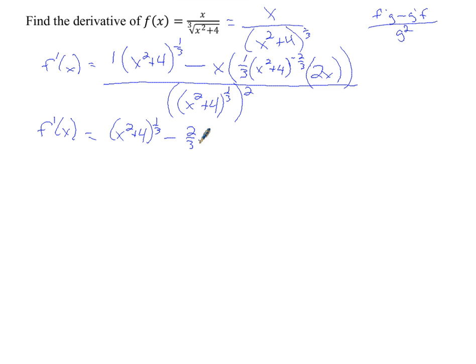X times x is x squared times x squared plus 4 to the negative 2/3 power. Divided by, multiply exponents there. You have a power to a power. So x squared plus 4 to the, what's 1/3 times 2? 2/3. Yeah. Multiply when you're raising a power to a power.